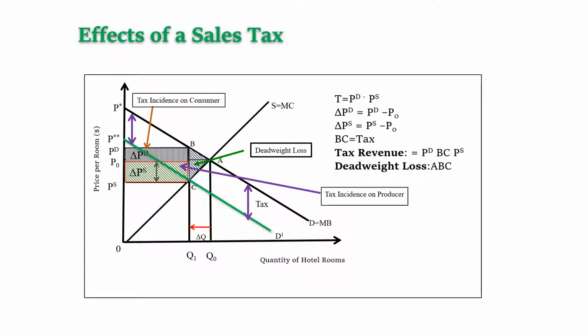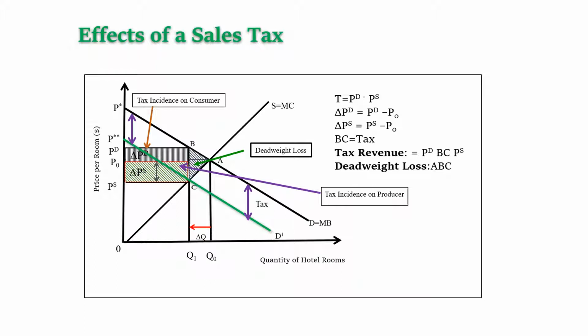Now let's look at the effect of a sales tax here. Now remember, a sales tax affects the demand. The demand curve is going to shift downward. Now this is a tax on the consumer. Now who actually pays the sales tax? It is the consumer. It is not the producer or the seller.